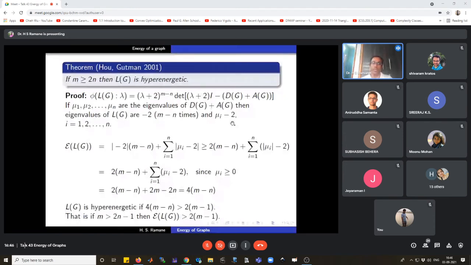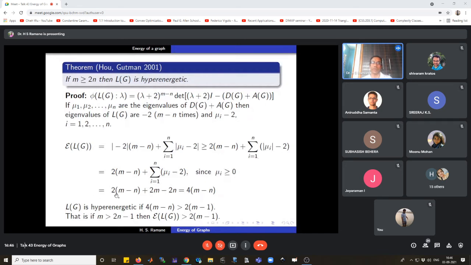So the energy of L of G can be written, by the definition, as modulus of minus 2 times m minus n plus the summation of mod of mu_i minus 2, which is more than or equal to this one, the sum of mu_i minus 2. The eigenvalues of D_G plus A_G are always positive or 0, they can't be negative. So since mu_i is more than or equal to 0, this turns to the sum of mu_i minus 2.